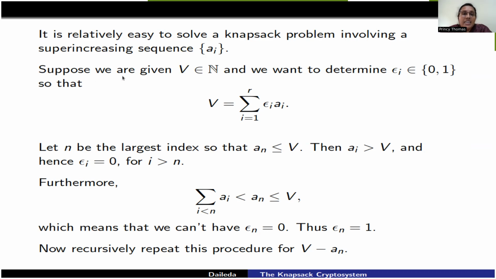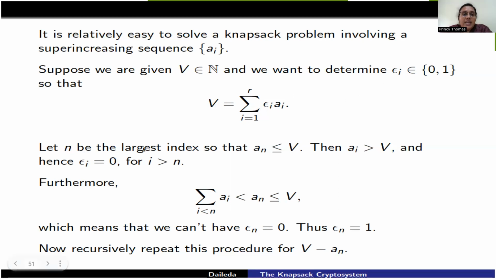Suppose we are given that V is the total volume of the knapsack, and it is an element of N, and we want to determine epsilon of I for all of the AI values in the super increasing sequence. So we want to determine whether epsilon of I will be equal to 0 or equal to 1, for all of the values in the sequence A of I. So what do we do?